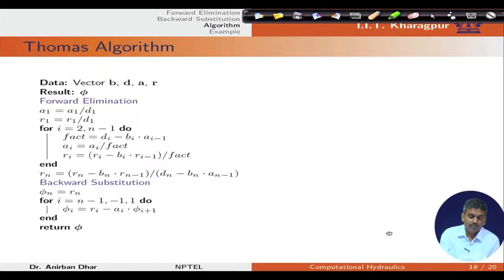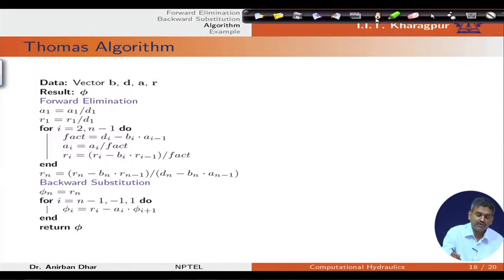Now, we need to implement this in algorithm format. So, first, what input is required? We need the below diagonal, diagonal and above diagonal vectors, and R is another right hand side vector.